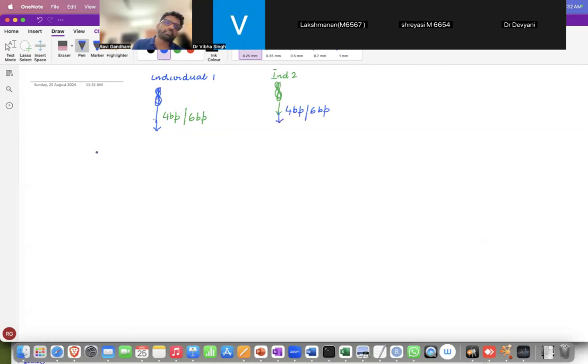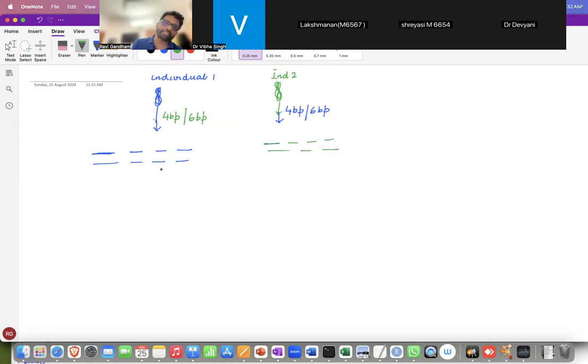Now what happens? There will be several fragments that are cut, right? I'm just drawing a fragment. They're all double-stranded molecules. Don't get confused saying that sir has drawn a single strand here. They're all double-stranded. For ease, I'm just drawing different fragments, right? Now there will be different fragments here as well.